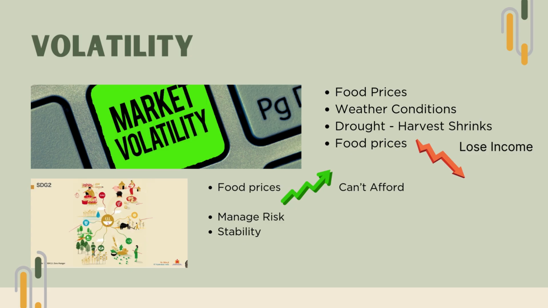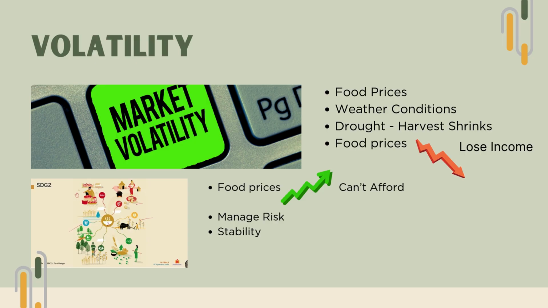The main problem I identified is volatility, both in food prices and weather conditions. Farmers, especially small scale farmers, face enormous risks. If there's a drought, their harvest shrinks. If global food prices suddenly fall, they lose income. And if prices rise too sharply, poorer consumers cannot afford to buy food.